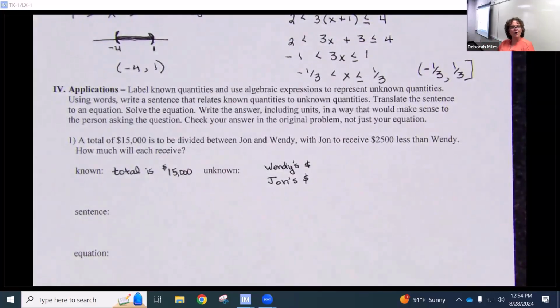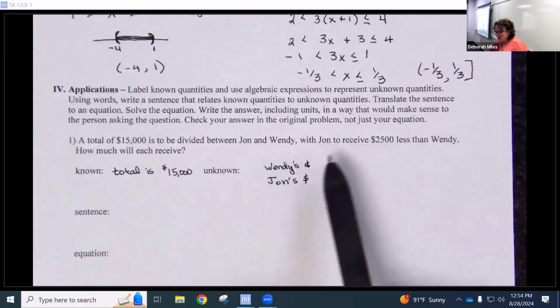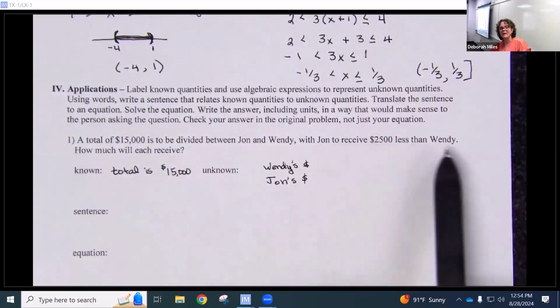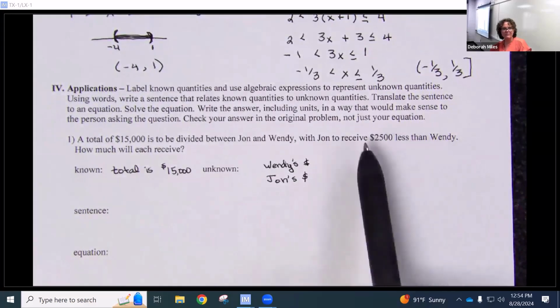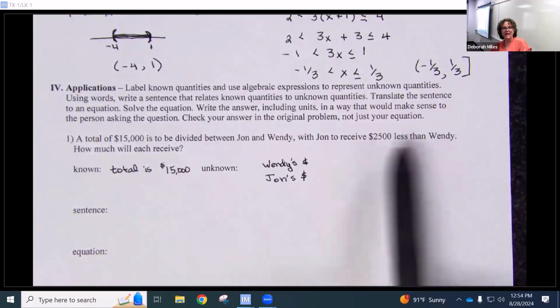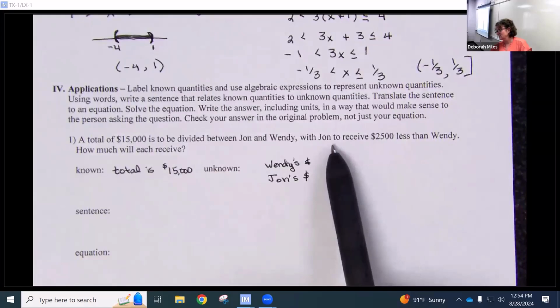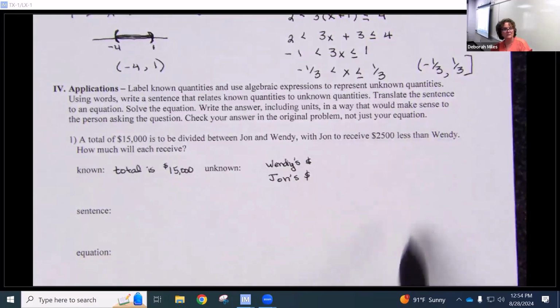And I don't know how much either one has, but I do know that John has 2,500 less than Wendy. I know if I could figure out how much Wendy has, I will just subtract 2,500 to get what John has. I don't know what Wendy has.